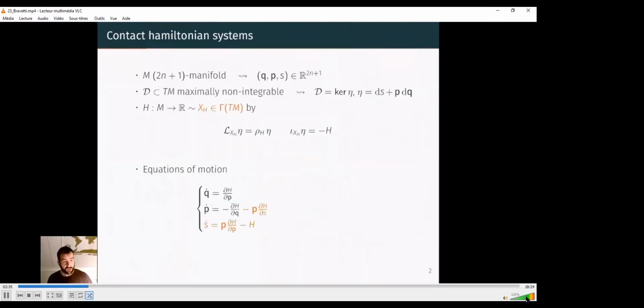When we look at the equations of motion for the vector field that we obtain with this construction, we find that we get something that looks like a Hamiltonian system, what you see here in black, and some extra terms that include some effect on the momentum. The derivative of the momentum now includes minus p dh/ds.